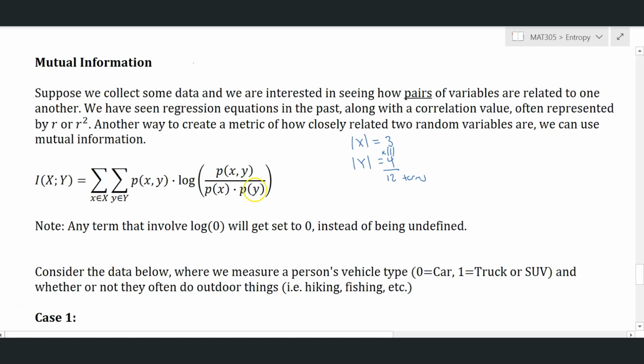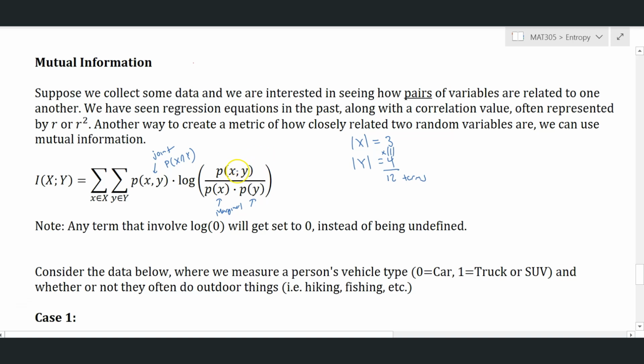Now, one thing I want you to notice is what happens if the probabilities were exactly the same. Here we have a joint probability, the probability of x and y. And then we have the marginal probabilities, the probability of just one event without regard for the other.